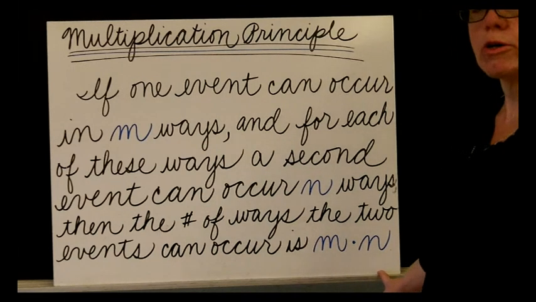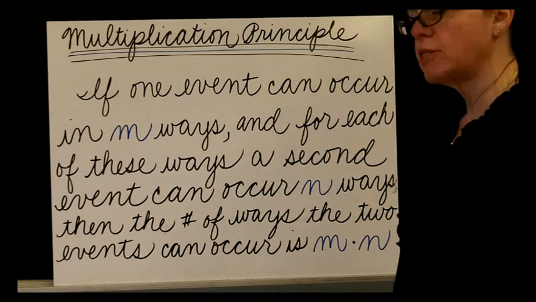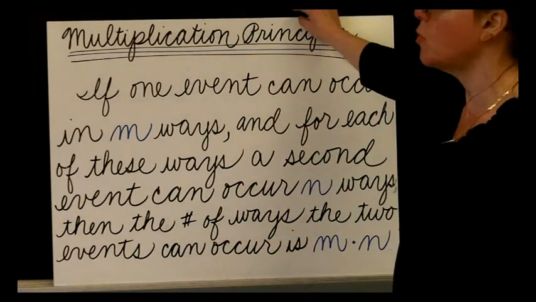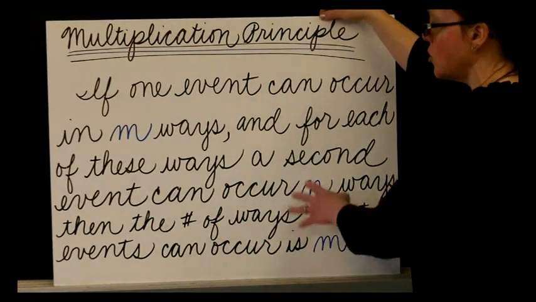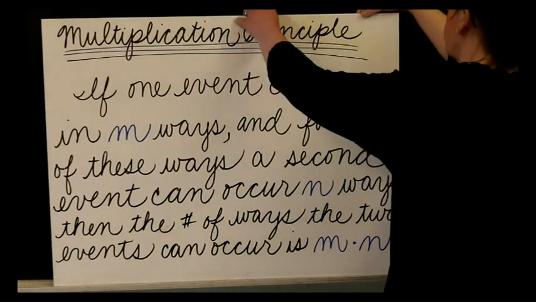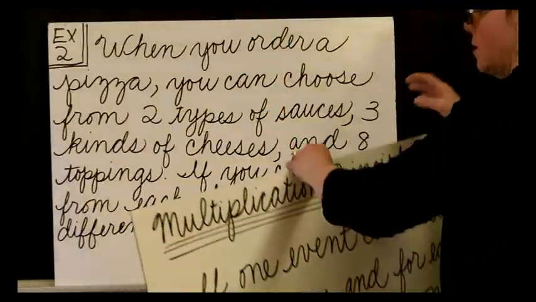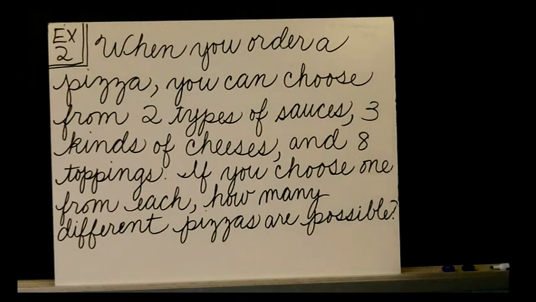What we have here is the same idea as the tree diagram, just a much easier way to solve. The tree diagram is an illustration of the multiplication principle. Let's look at our second example.